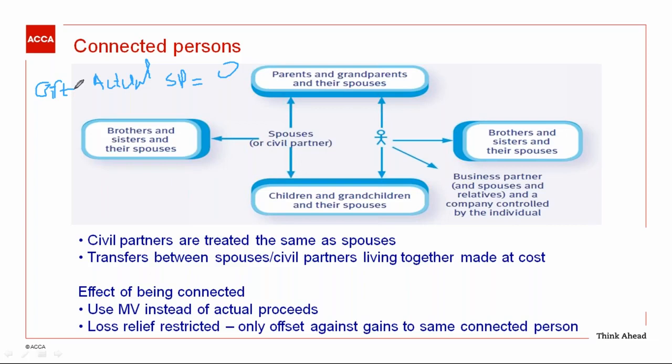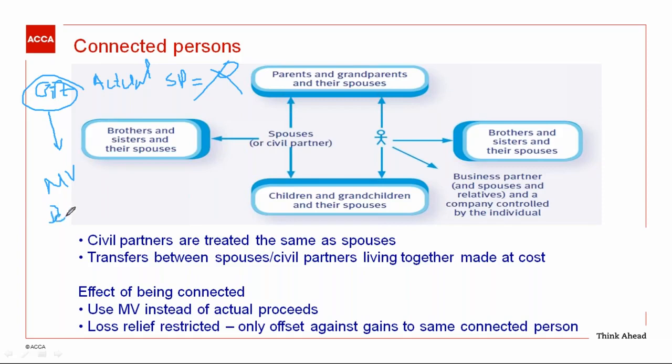However, for the purpose of CGT, you have to ignore the actual sales proceeds in this situation, even though it's a gift. To calculate the chargeable gain or allowable loss, you have to still take the market value as your deemed sales proceeds.